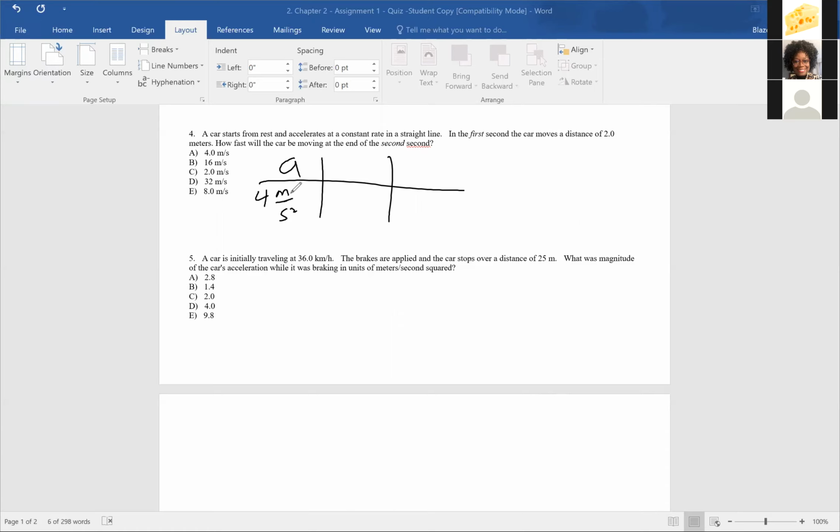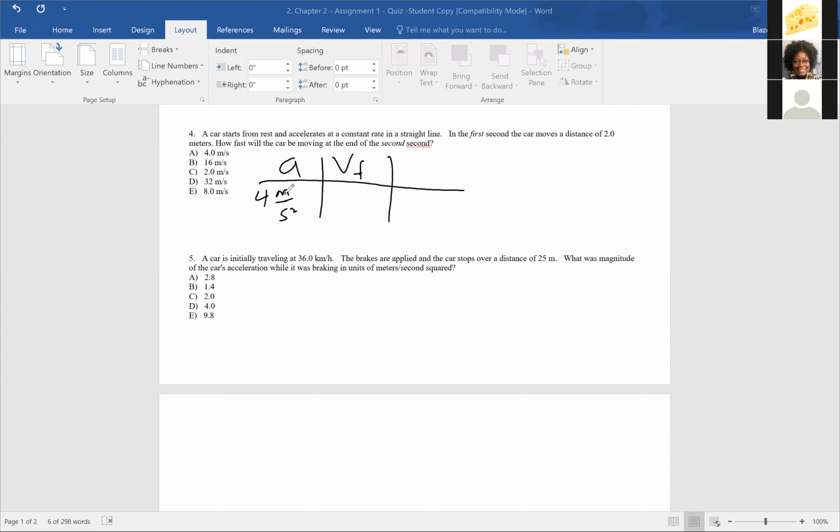I don't really have to find the final speed to begin the new speed, because now I know what this means. This means that after the first second, I can find its speed. After the second second, I can find its speed, because every second it is increasing at a rate of 4 meters per second.